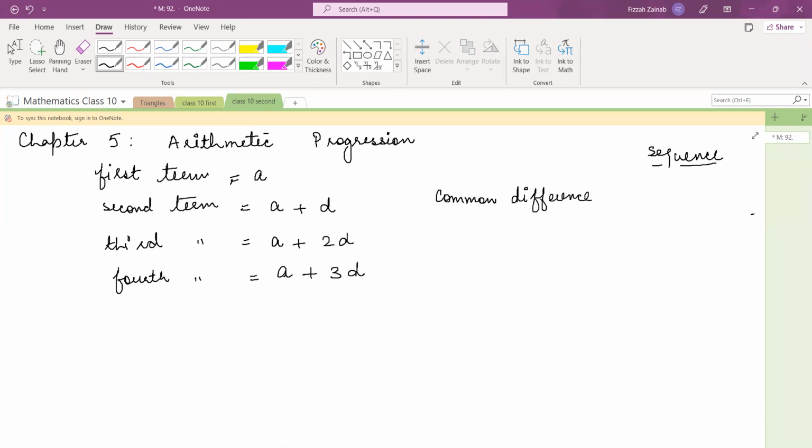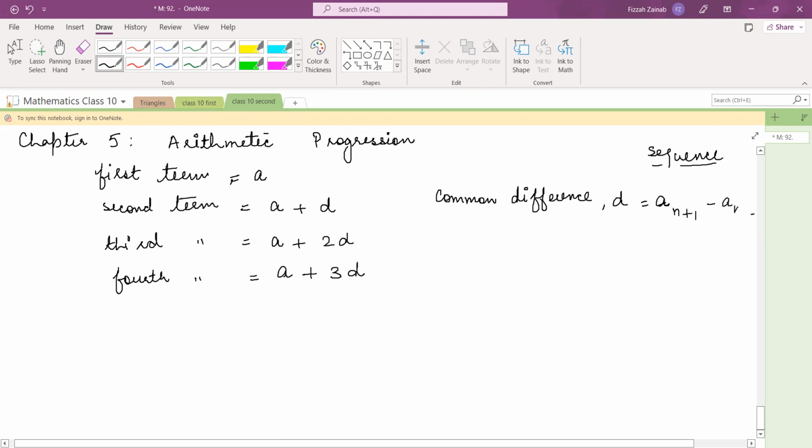So this is called common difference d, which you can obtain as a(n+1) minus a(n). You can use a4 minus a3, a2 minus a1, or a10 minus a9. Any two consecutive terms you can take and find the common difference.